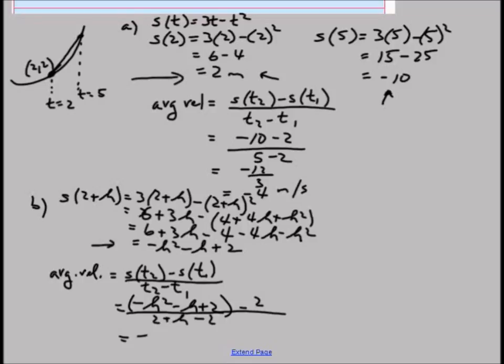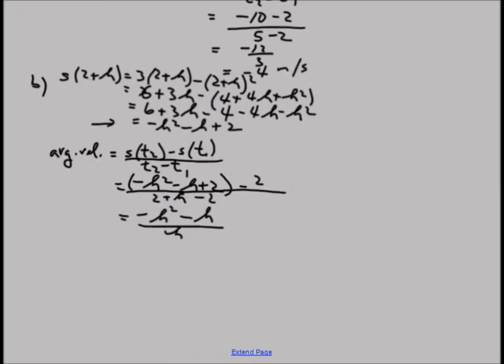So we're looking at negative h squared, subtract h, plus 2, subtract 2, because 2 subtract 2 is 0. There's an h there, all over h. Factor out a negative h here, so negative h times (h plus 1), all over h.